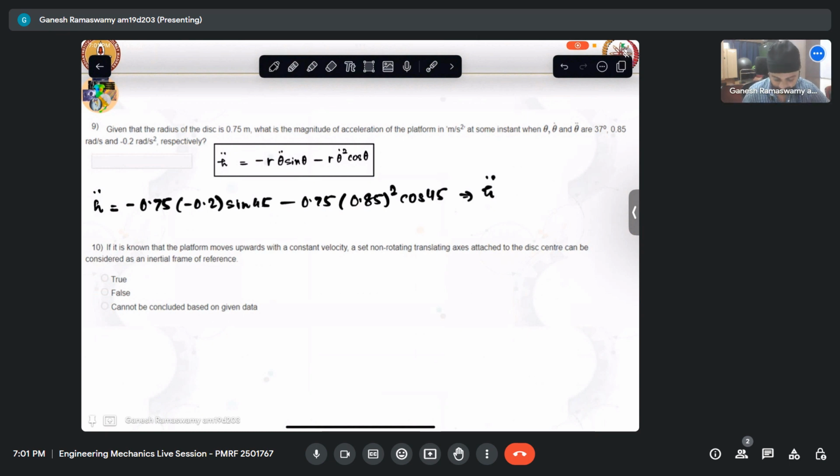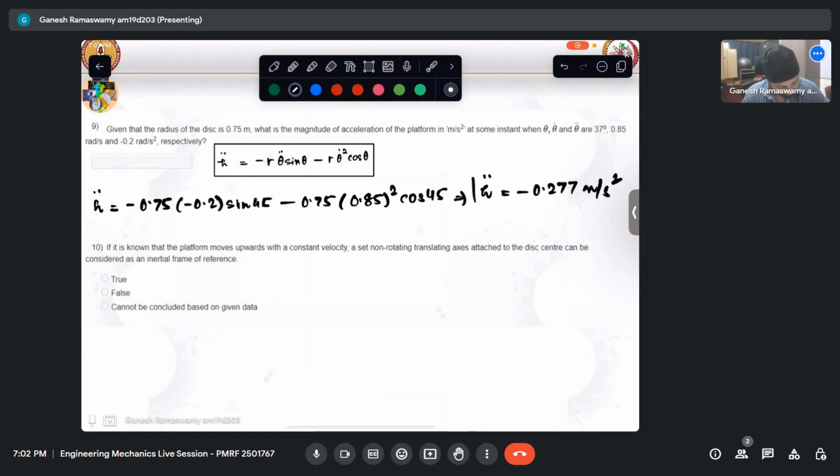So h double dot comes out to be minus 0.277 meters per second squared. Now in the question the magnitude is asked, so therefore the magnitude of h double dot is 0.28 meters per second squared.